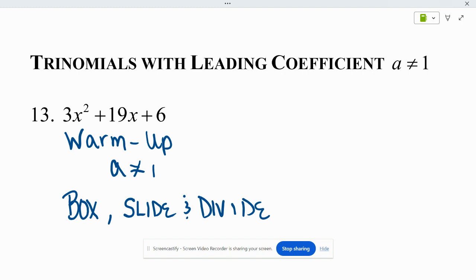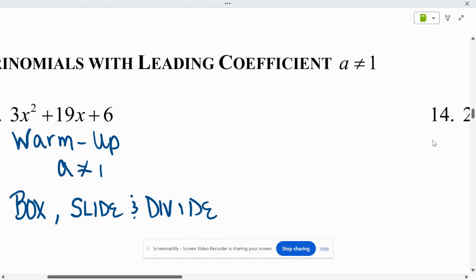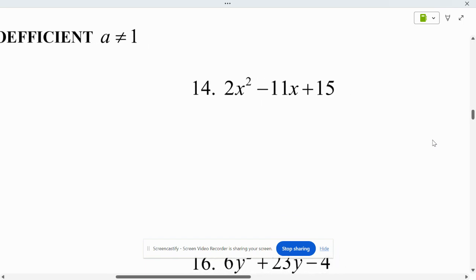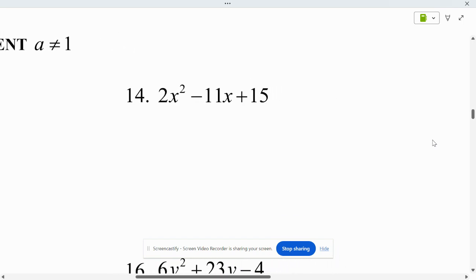Let's look at number 14. So what kind of problem is this? Does A equal 1? What do you think, Carla?